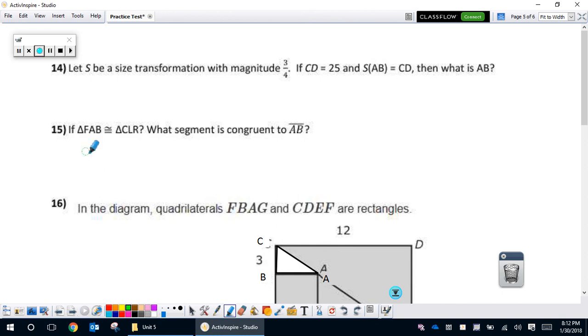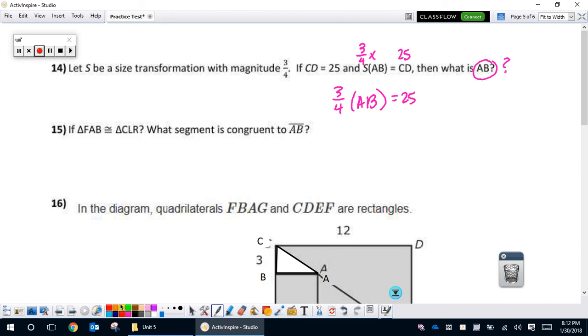Alright, 14. Let S be a size transformation with magnitude 3/4. If the distance between C to D is 25 and the size change applied to AB equals CD. So we do not know AB, so 3/4 of the unknown has to get us to 25.